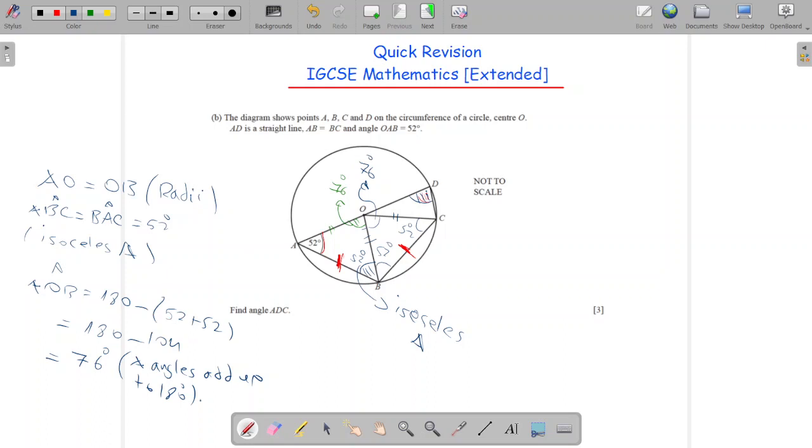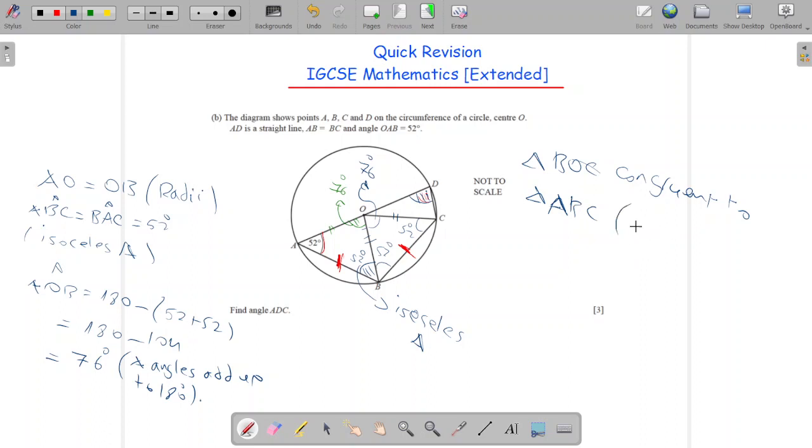So how can you write this answer? You will say that triangle BOC is congruent to the triangle ABC. Why is that?